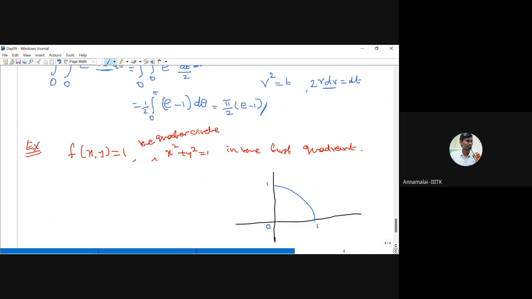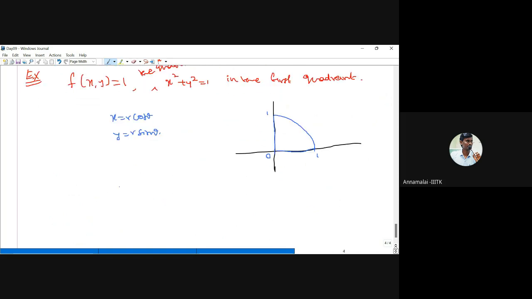Now we know you have to substitute x equal to r cos theta, y equal to r sin theta. Now, what is that angle theta? This is the angle from 0 to pi by 2.